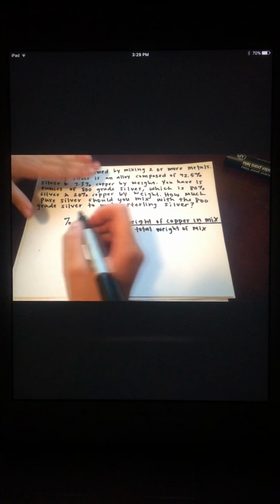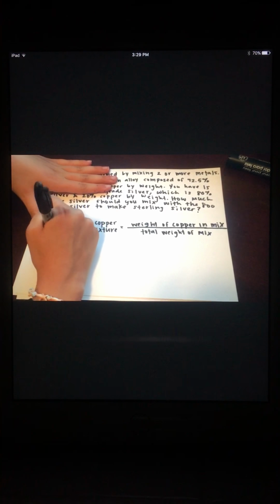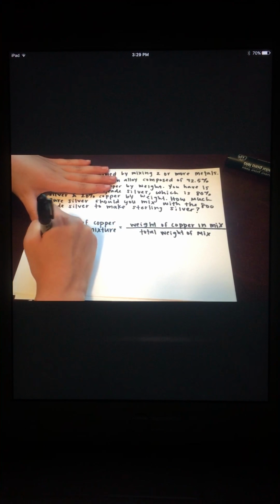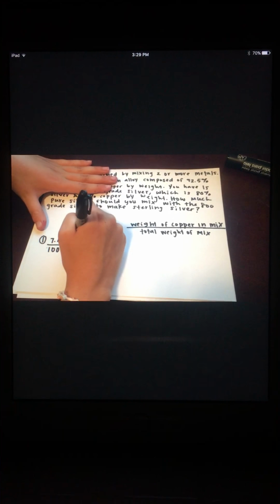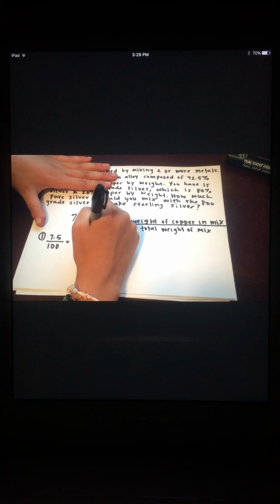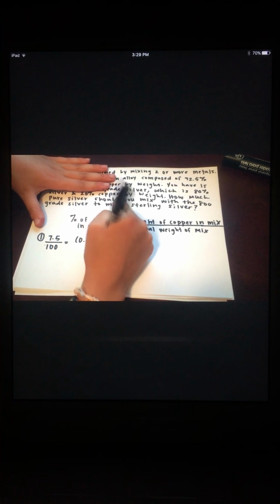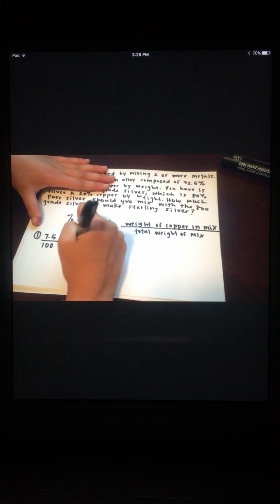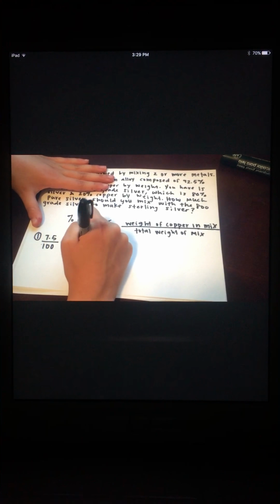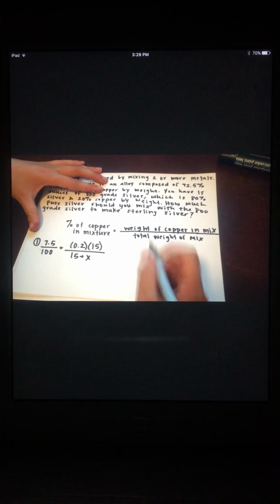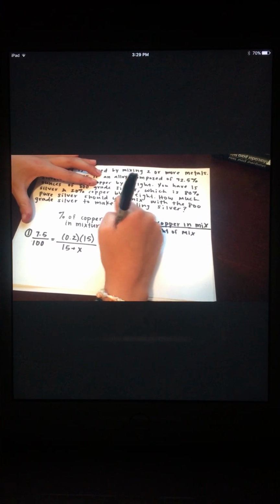Percent of copper in mixture equals the weight of copper in mix over total weight of mix. Step 1. Plug in your numbers. X is added for the amount of silver. Step 2.